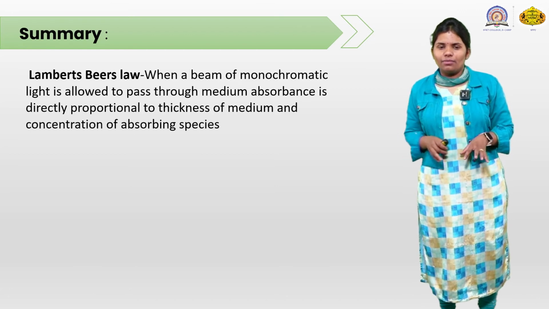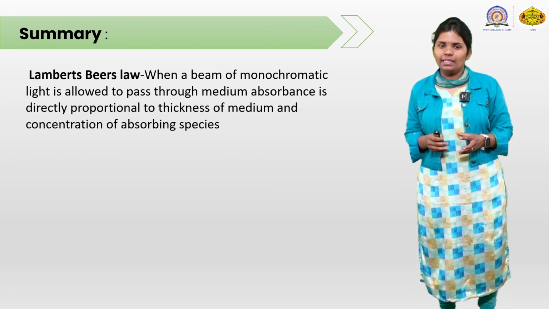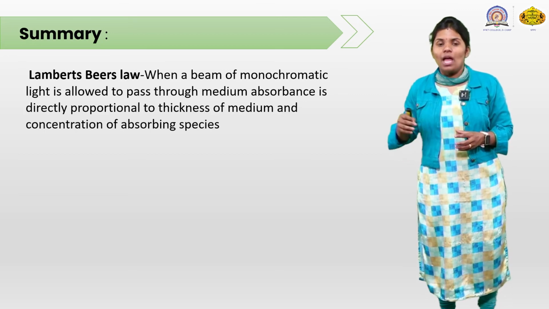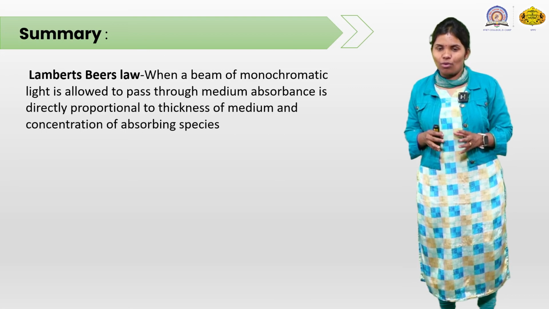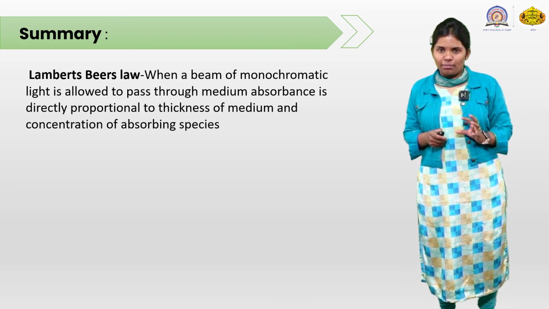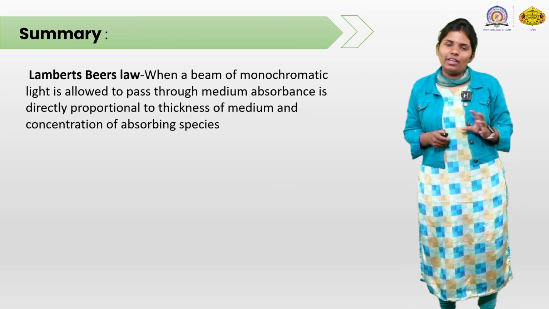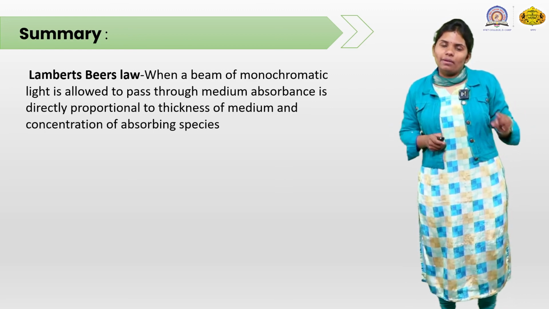In general, we have seen Lambert's law. When a beam of monochromatic light is allowed to pass through a medium, absorbance is directly proportional to the thickness of the medium and the concentration of the absorbing species. This is the general statement for the combination of the Lambert-Beer law.